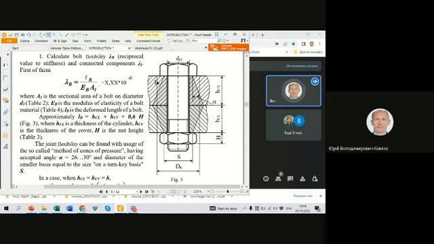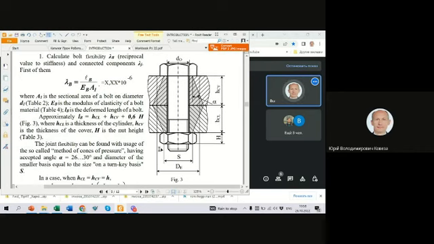Outside this cone, it is not deformed. That's why we should take this area as the area which is deformed. And AE is the equivalent area.